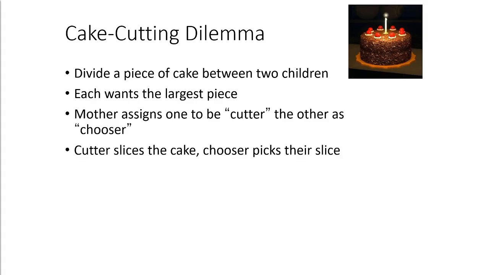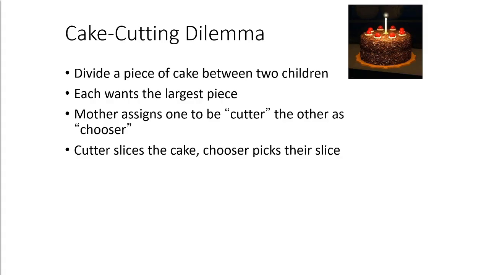But rather than slicing the cake themselves, knowing that could lead to an argument, like the two children fighting over who has the better slice of cake, the parent chooses one of the children to be the slicer. They're given the knife, but they don't get to choose the cake. That's for the other child. So one slices and the other chooses.